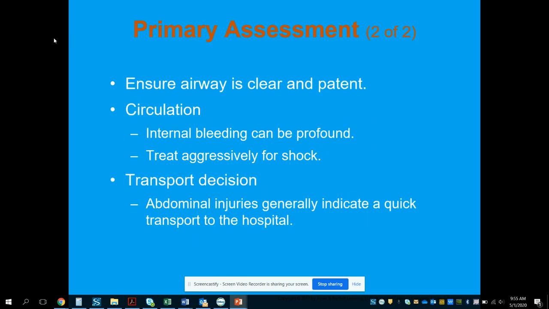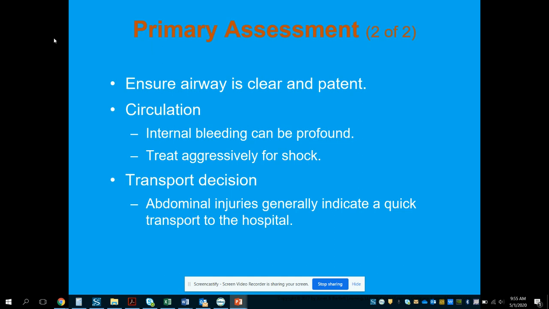We want to make sure our airway is open, patent, that we've got good circulation. We're looking to see very early on that we need to treat for shock, so keeping the patient warm, keeping them as still and quiet as possible to help limit that potential for internal bleeding, administering oxygen if there is any difficulty breathing, and then controlling any outward bleeding.